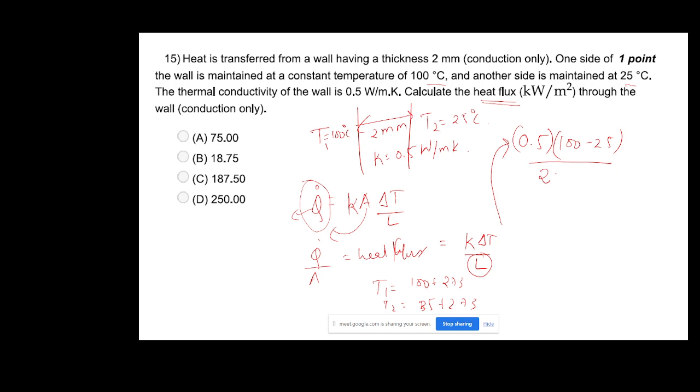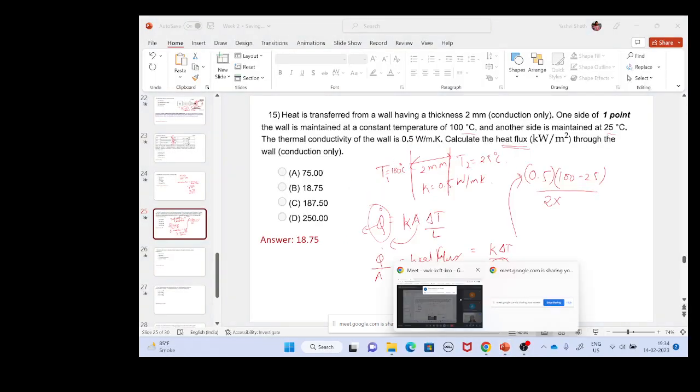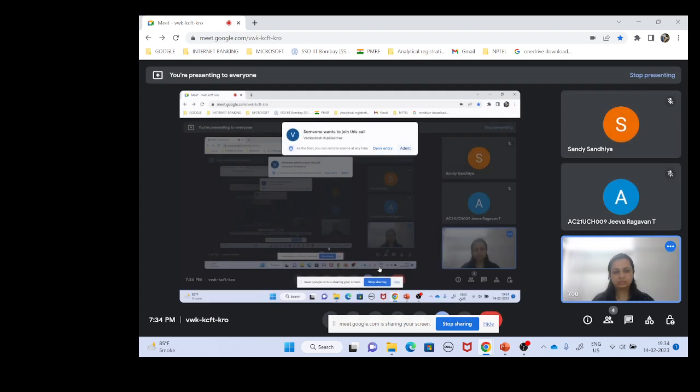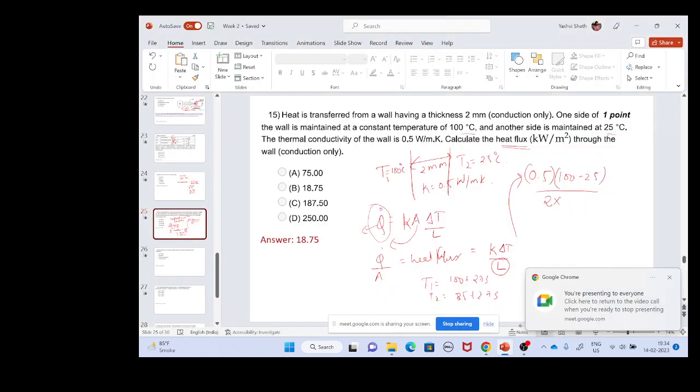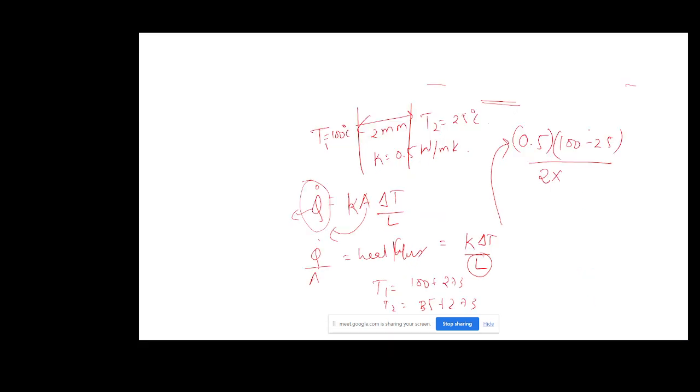So converting it into SI, so here we need to divide.